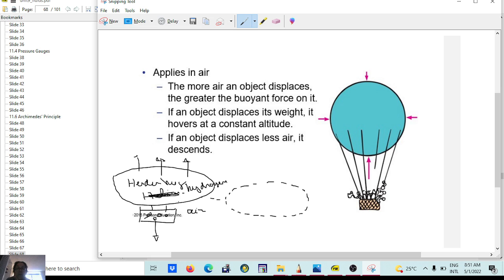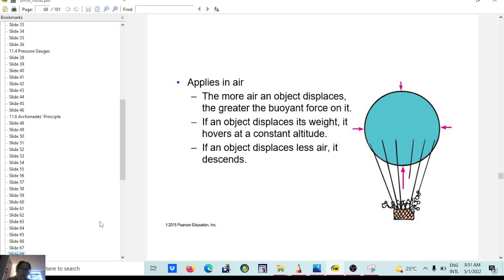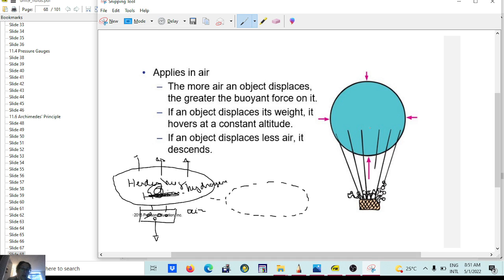So now the balloons that float are filled with helium, still a smaller density than air, but it's not as good as hydrogen. Or you can also have some hot air. So if you have hot air inside here, remember, air is like the ocean.